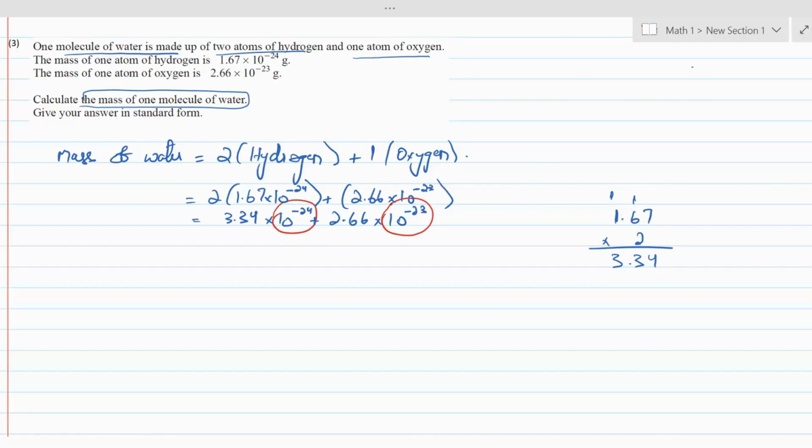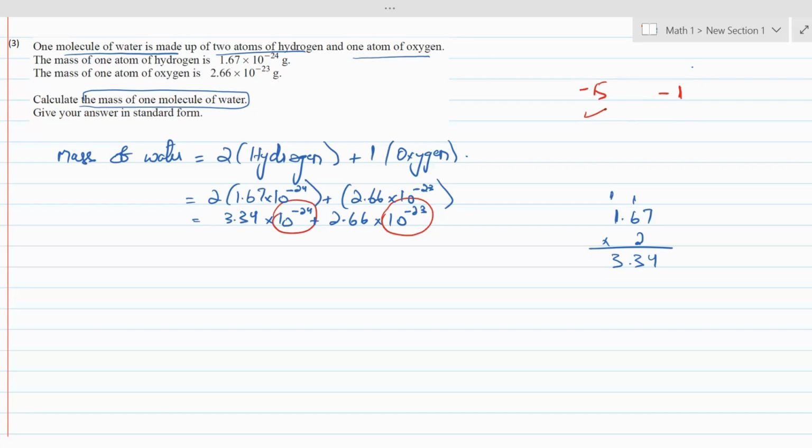Remember, in the case of negatives, the greater the number, the lower the value. If I write minus 5 and the next number minus 1, the smaller of the two is minus 5, not minus 1. Same goes for 10 power minus 24 and minus 23. The smaller of the two is 10 power minus 24.